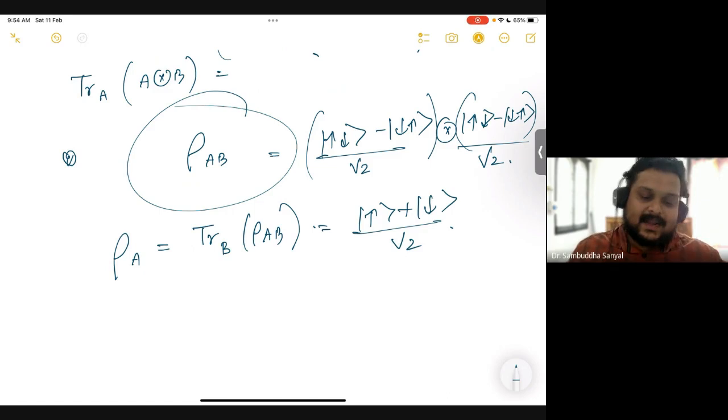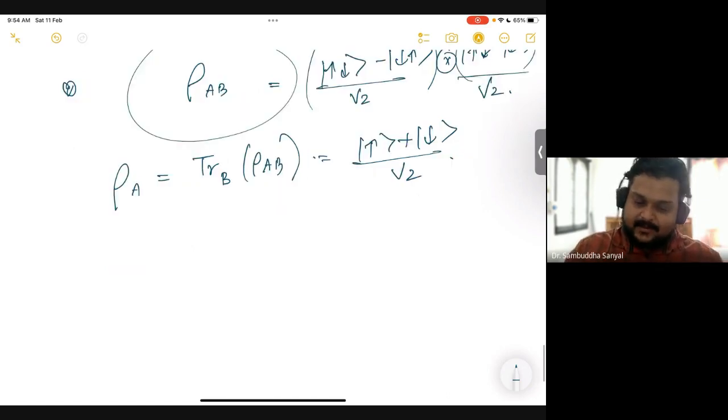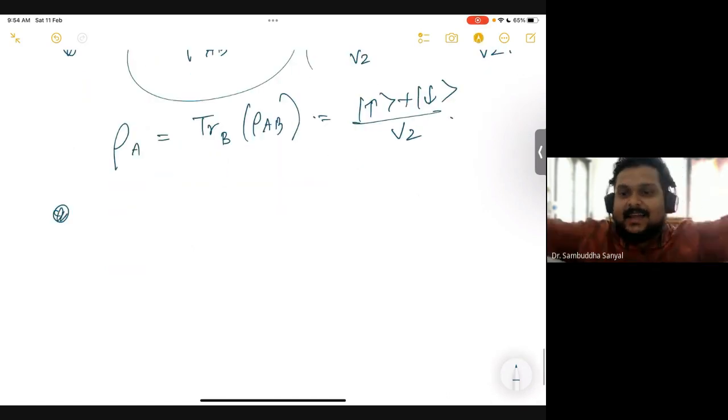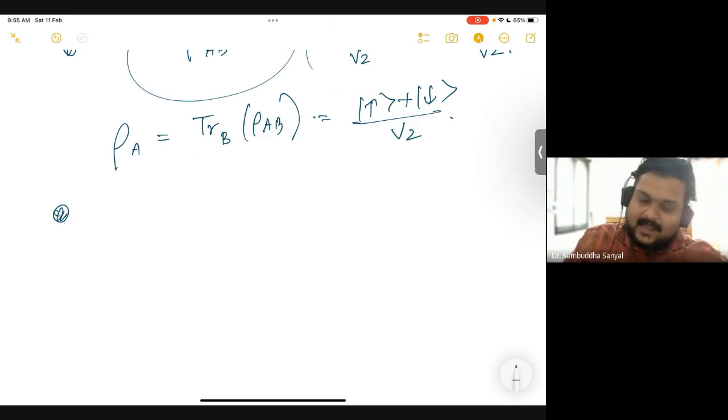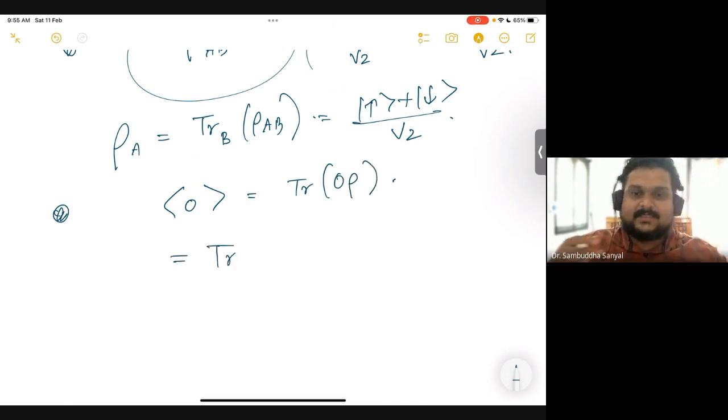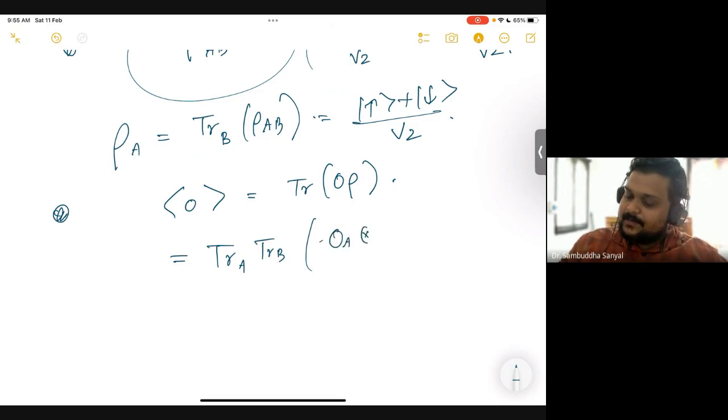And at the end of the day, the idea is the same as before. Let's say I have a composite object and I want to calculate an operator. Its expectation value is trace O rho. If it is a product state, I can rewrite it. Even if it is not a product state, I can do it, that I'll tell you, because there is nothing stopping me from writing the OA operator. The OA operator is still of this form.